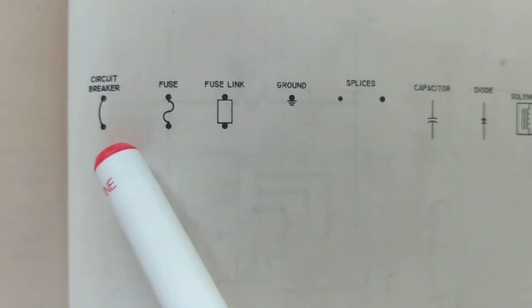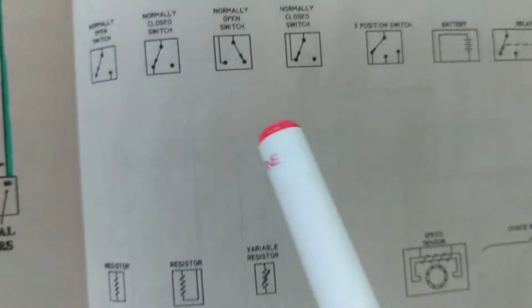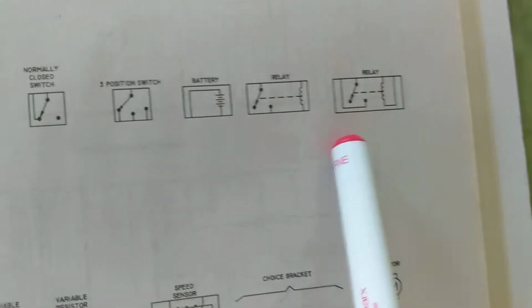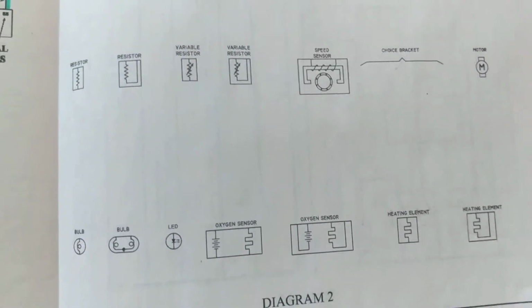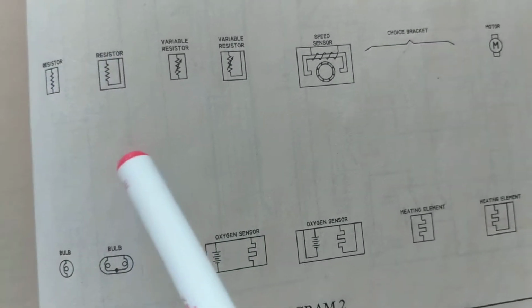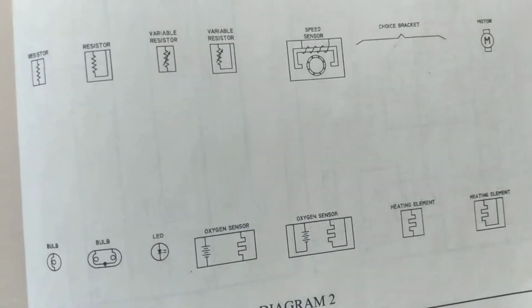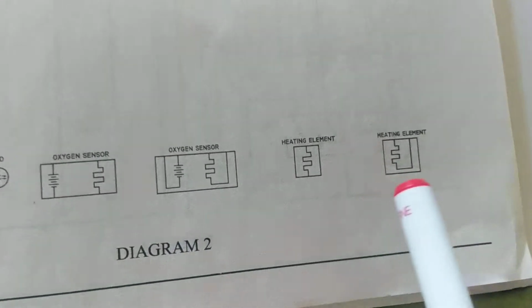Fuses I just talked about, circuit breaker I talked about, fuse link, ground, splices, all these things are common in every schematic that you know in automotive. So take a look at them and get familiar with them, because you will run across them in every single schematic, regardless of make or model. Doesn't matter, European, Asian, American made, these are the symbols.